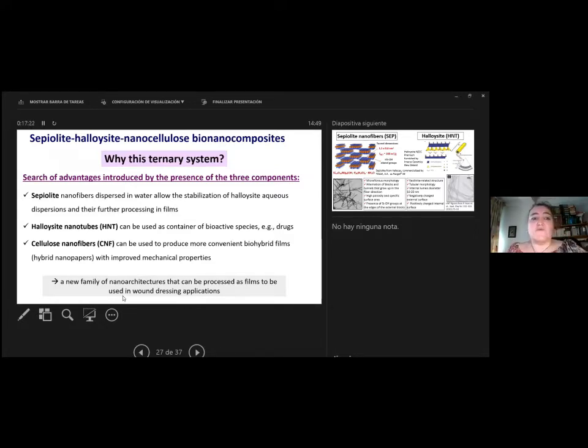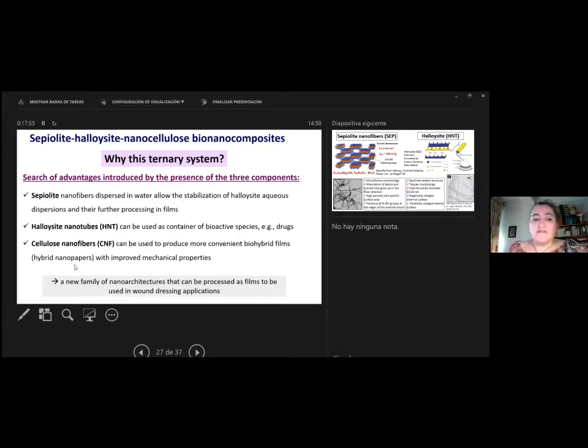The second system I will talk about today is a different type of bionanocomposite. This is also a ternary system, in which we combine three types of nanoparticles. We have two clays: sepiolite, which allows us to have very good dispersion in water, and halloysite nanotubes, which in this case we were using as containers to incorporate our active elements for the application.